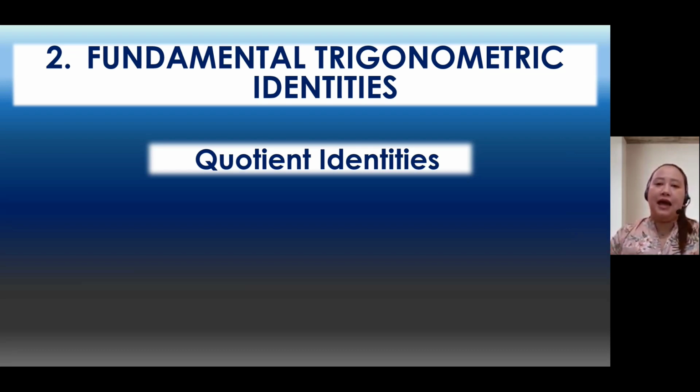Okay. So going back to the PowerPoint, the fundamental trigonometric identities. By the way, class, the content of this PowerPoint is from the handout that I shared. It is uploaded in the resources in the LMS as a reference. If you try to open that handout for this subject, you can actually see the lectures in our PowerPoint which are actually from that handout.